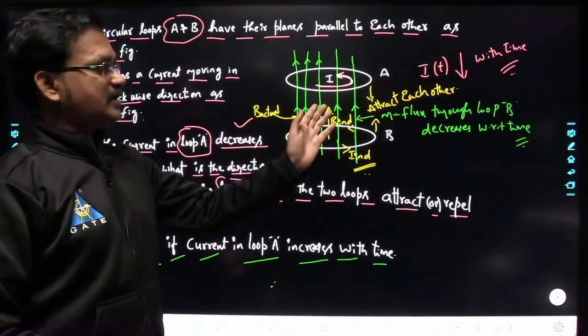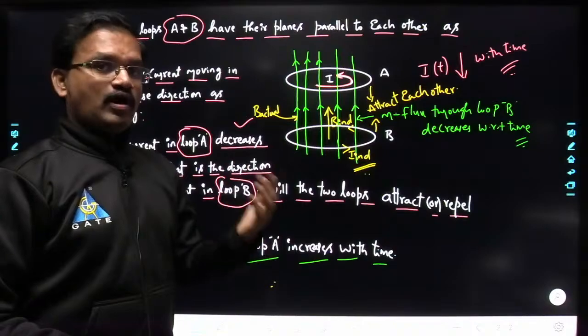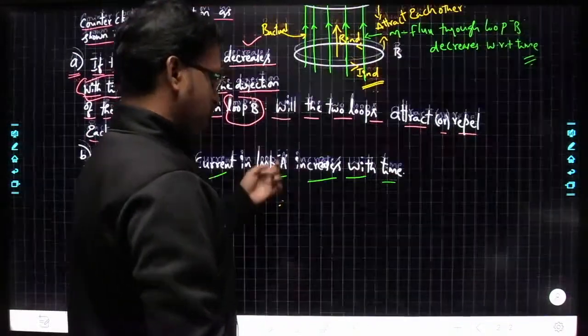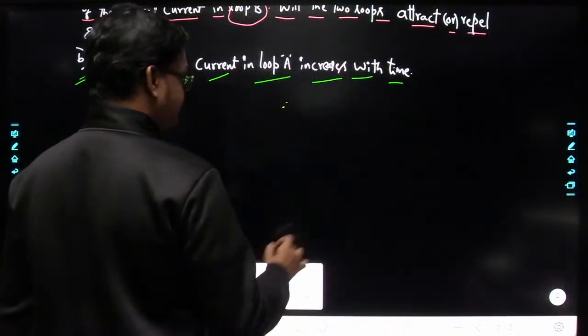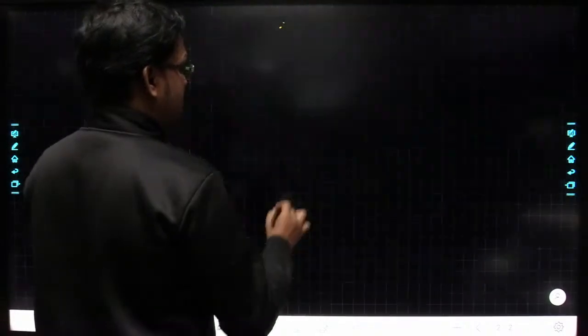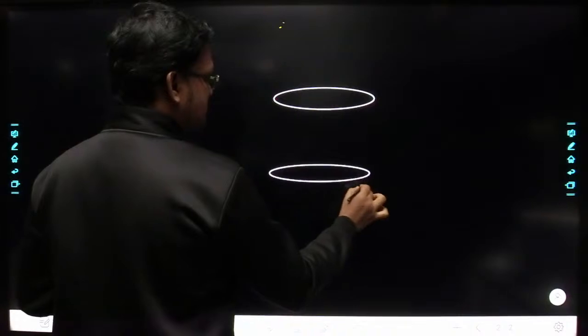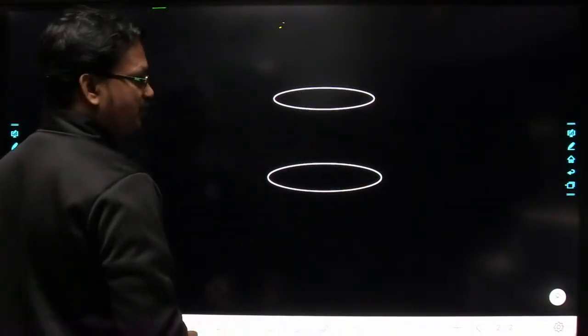We have analyzed what happens if the current decreases with respect to time. That one you can easily do. See here, I am considering the two loops. This is loop A, let us say this is loop B. So loop A and loop B.